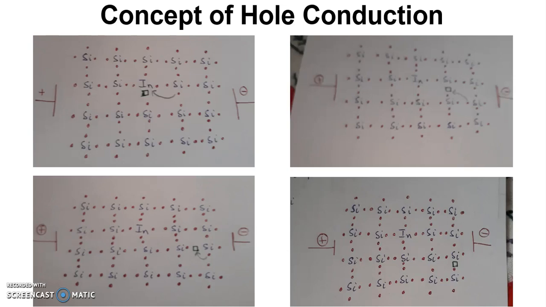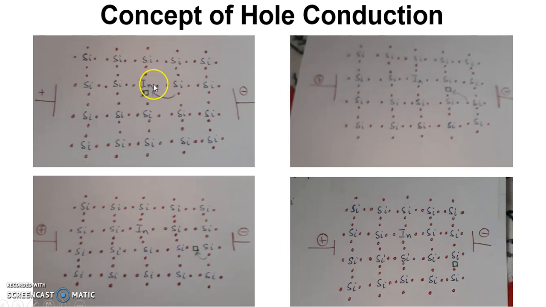Let us consider a semiconductor, silicon, which has been doped with indium. Indium is an acceptor impurity. So it is a trivalent impurity and it is an acceptor. That means it has only 3 electrons in the valence shell.